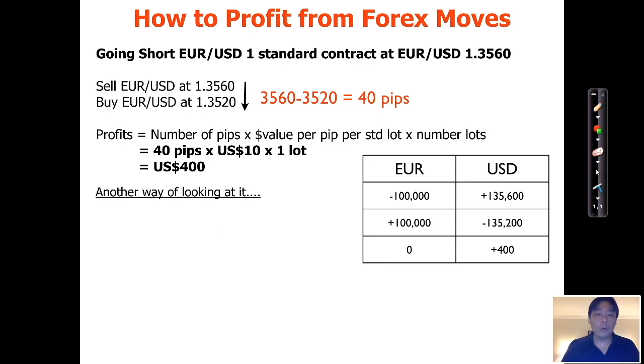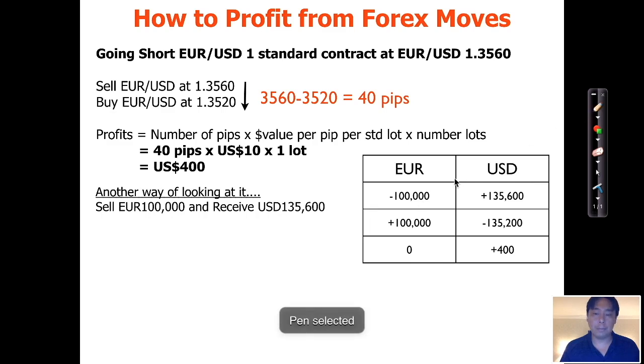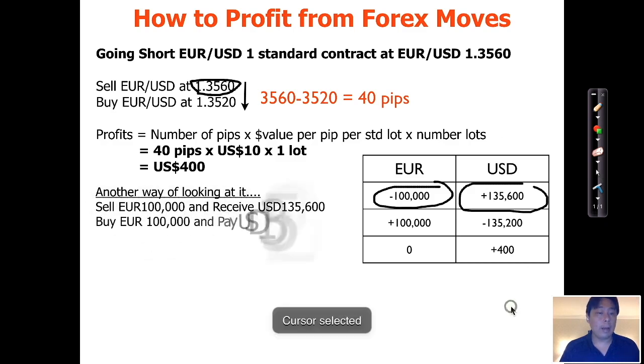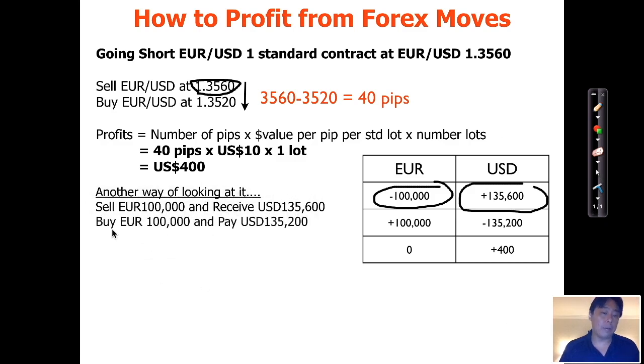So again, another way of looking at it is that we started by selling 100,000 euros, and received $135,600. And then we bought 100,000 euros and paid $135,200.